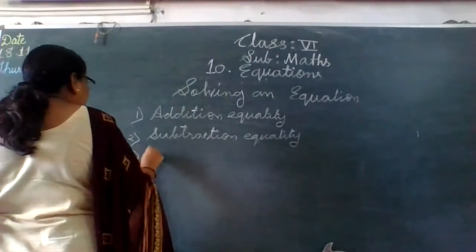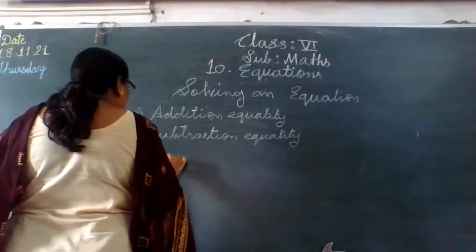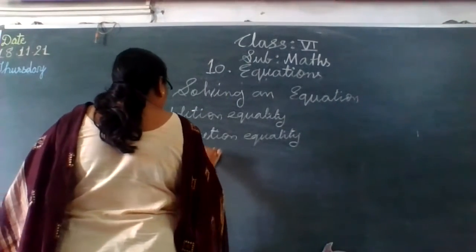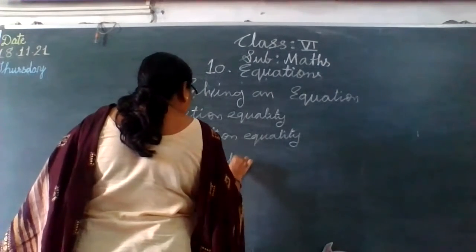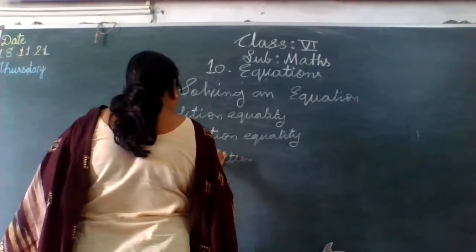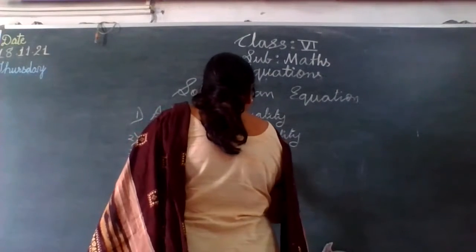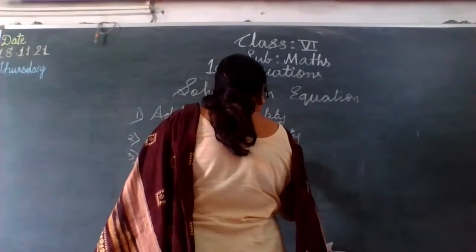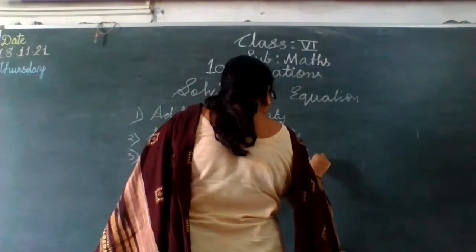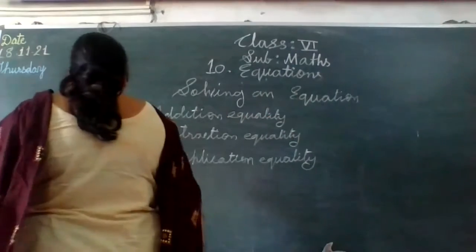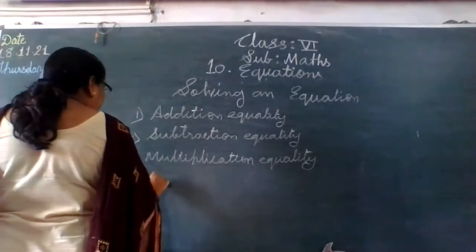Third is multiplication equality. And the fourth one, division equality.